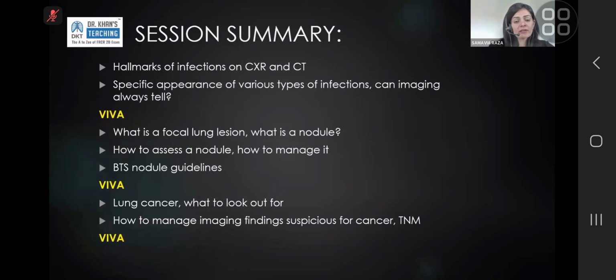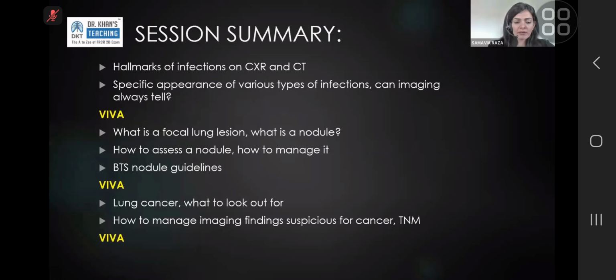If it's a general, smaller DGH sort of setup, then you may need to be the jack of all trades, and you may need to recommend nodule follow-ups and need to know when to escalate a nodule as suspicious for cancer. Talking about lung cancer, one of the biggest cancers in terms of morbidity and mortality across the world. UK is no different.